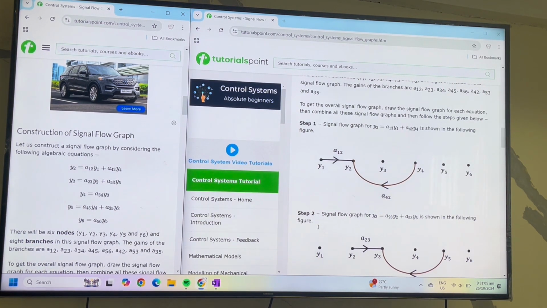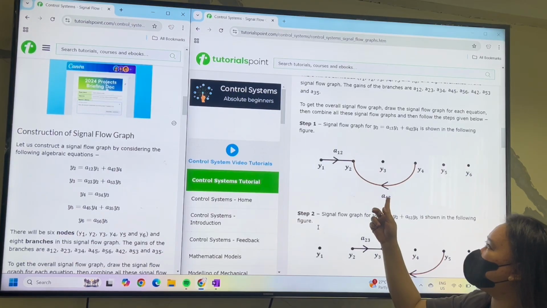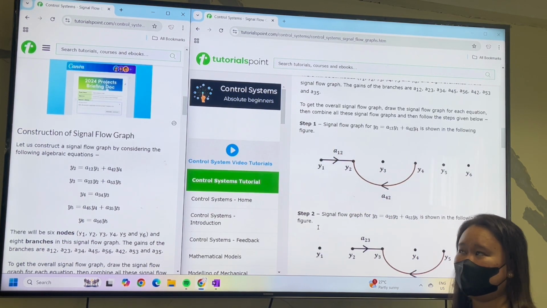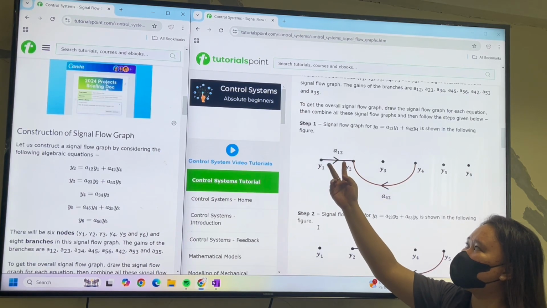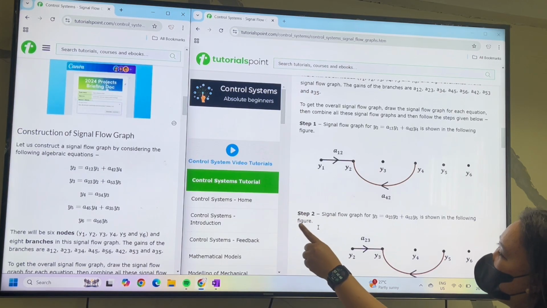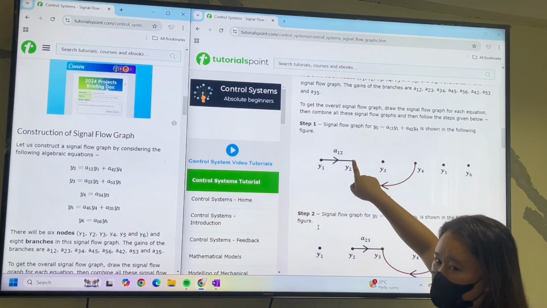The naming depends on you. You can use A or AA, AB, whatever your placeholder is. Here, the default A12 means Y1 to Y2. Y2 is the output, Y1 and Y4 are the inputs.